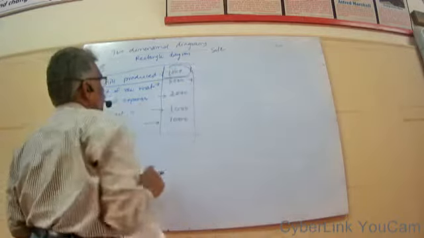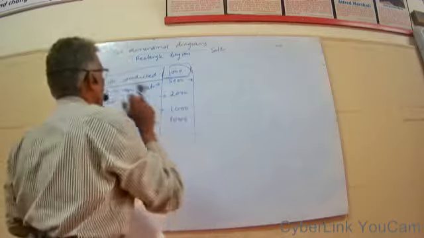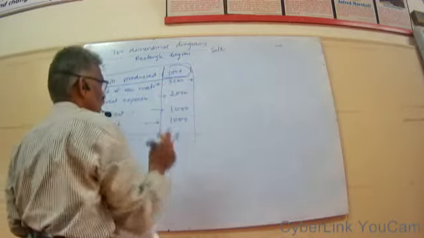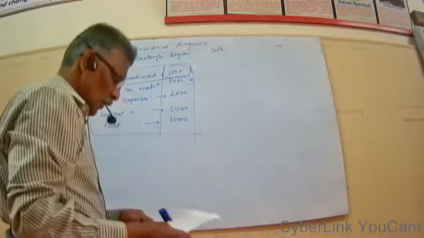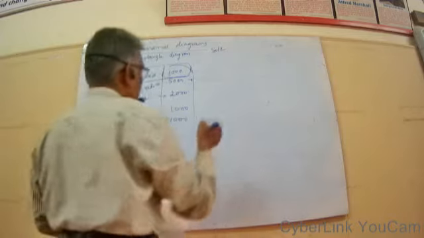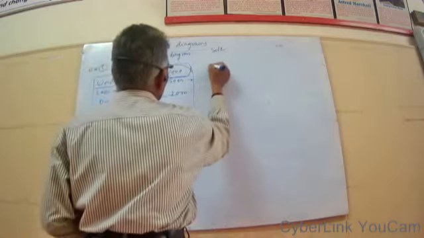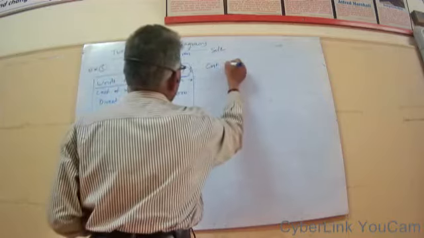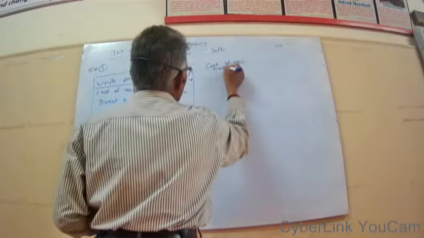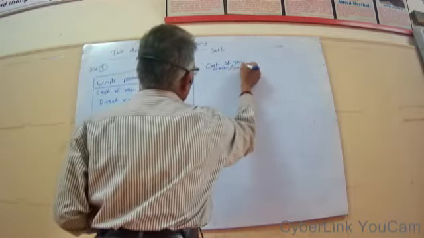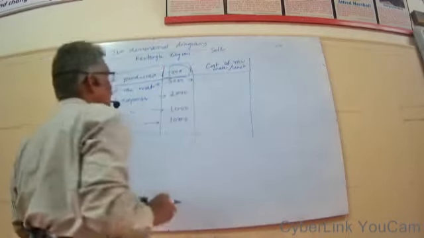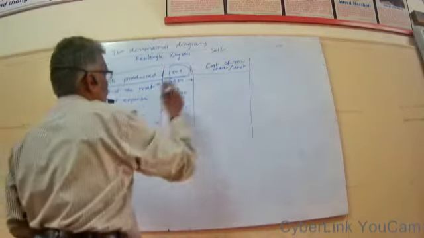For the 1000 articles, the cost of raw material is 5000. So you have to make one adjustment, that is, cost of raw material per unit.